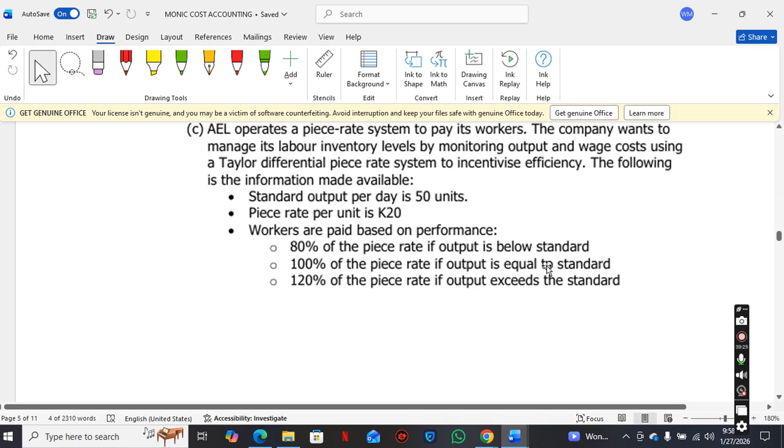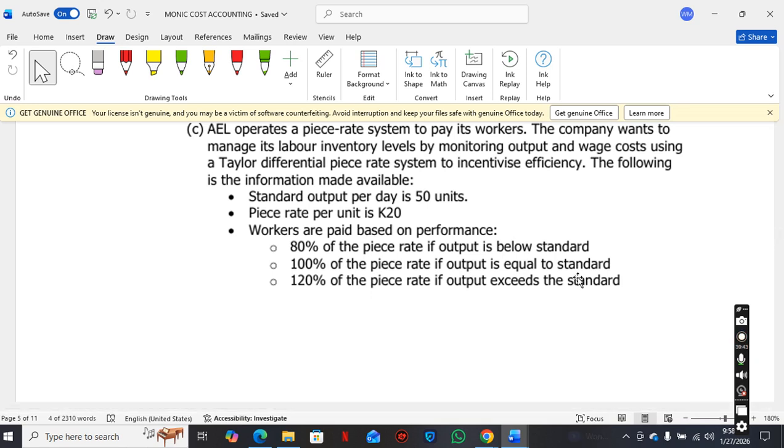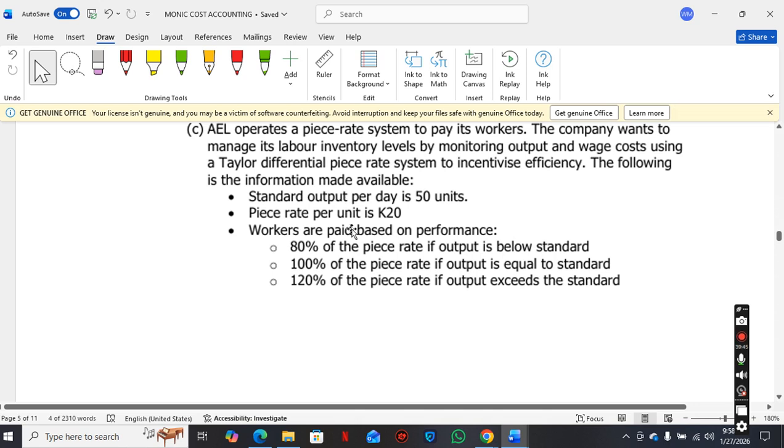So if you're producing 50 units a day, you're going to be paid this 20 kwacha per unit. 120% of the piece rate if output exceeds the standard. So if you go beyond the standard, which AEL wants, you'll be getting paid 120% of this 20 kwacha, meaning your piece rate will be high.